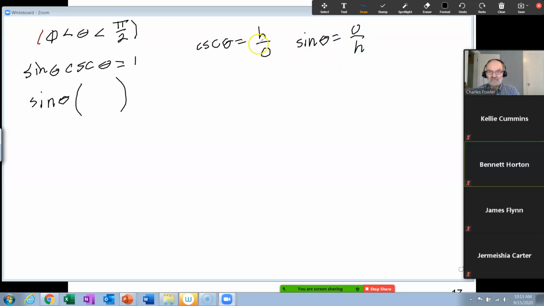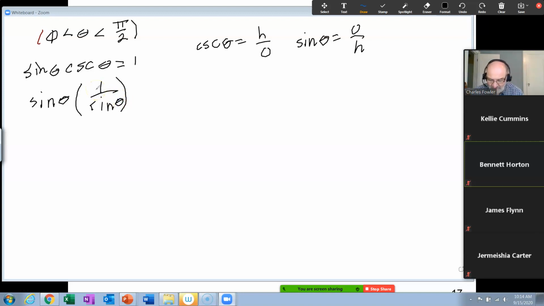So what would you say the relationship would be between sine and cosecant? Look across the page. What does it tell you? Cosecant is the reciprocal of sine. You flip them over. So this is 1 over sine theta. Okay?